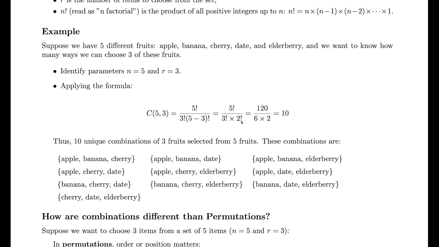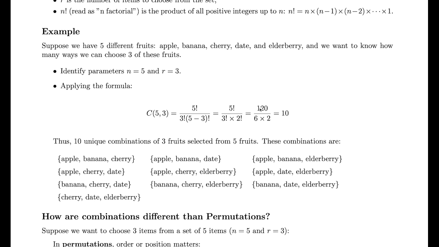In the video on permutations, we explained why there was this 2 factorial in the permutations formula. It accounts for the arrangements of the items that we're not selecting, which would create repetitions of the objects that we are selecting. That's for permutations, but for combinations, we also have to disregard the arrangements of the objects that we do select. And that's where this 3 factorial comes in.